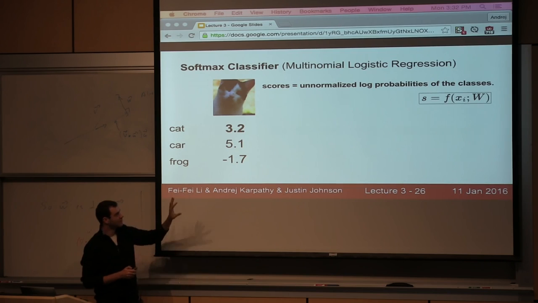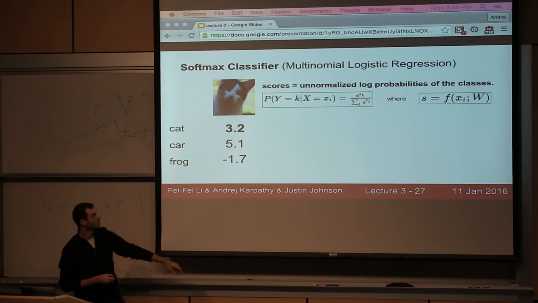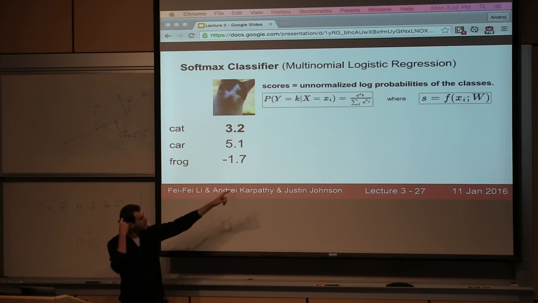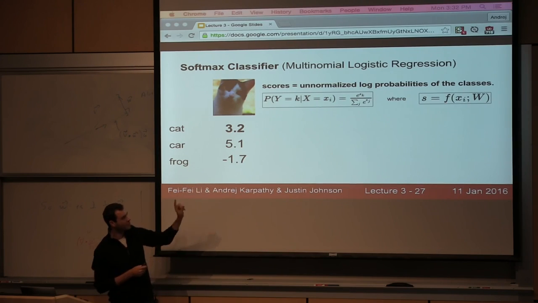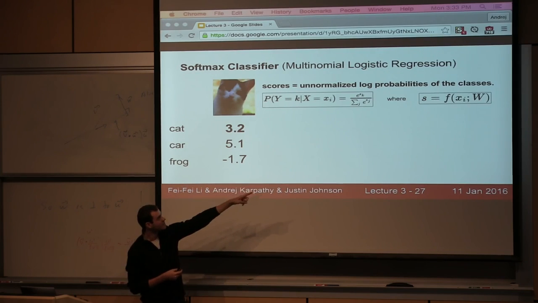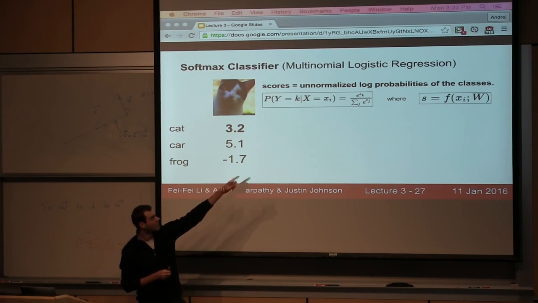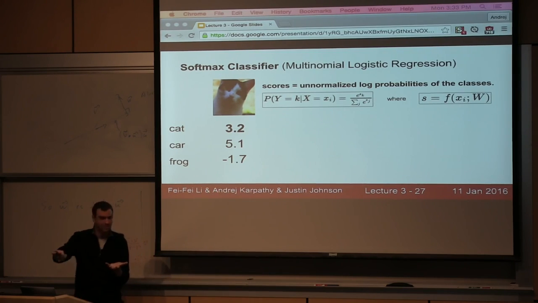So these are unnormalized log probabilities of all the y's given the image. In other words, if the scores are unnormalized log probabilities, then the way to get probabilities of different classes, like class K, is that we take this score, exponentiate all of them to get the unnormalized probabilities, and normalize them to get the normalized probabilities.